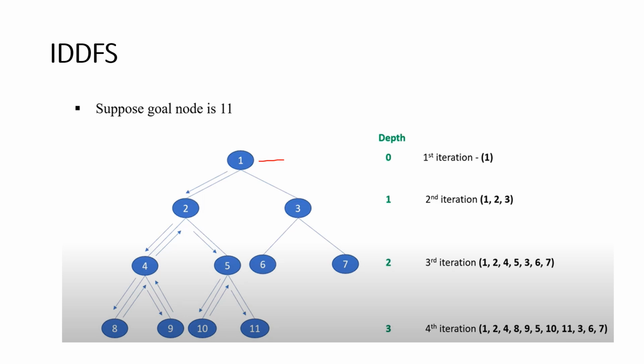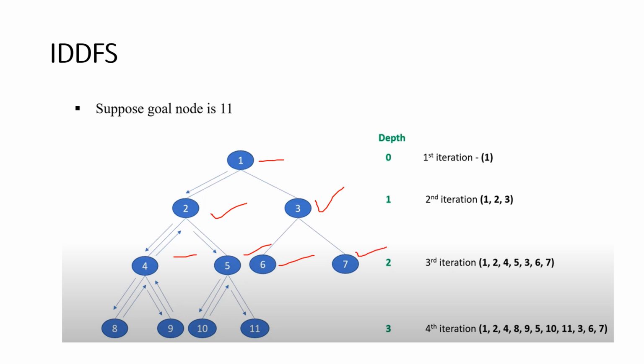Then we increase our depth limit to 1, and we explore 2 and 3. The root and its immediate children are explored and the goal state is not found, so we increase the depth limit to 2. Then we check 4, 5, 6 and 7.